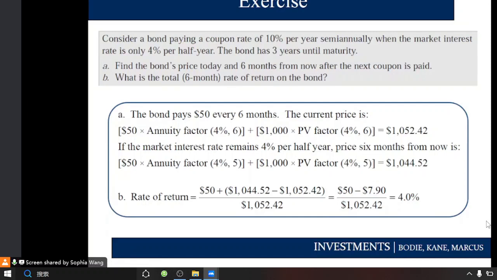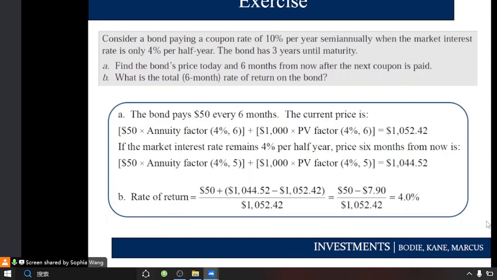6 months from now, after 6 months has passed, there are 5 periods left. Totally, the bond has 3 years until maturity, but the coupon is paid semi-annually, so that means 6 periods, 2 per year.